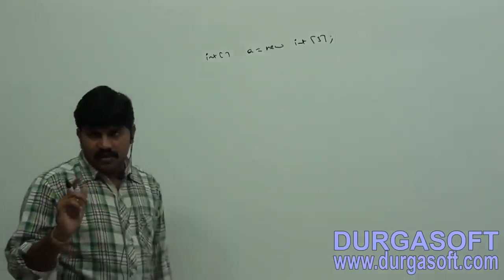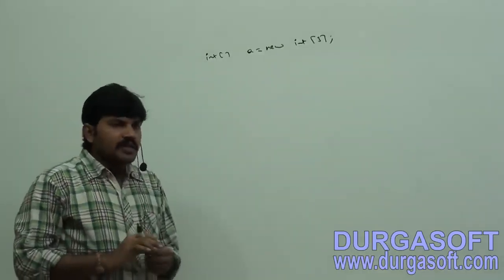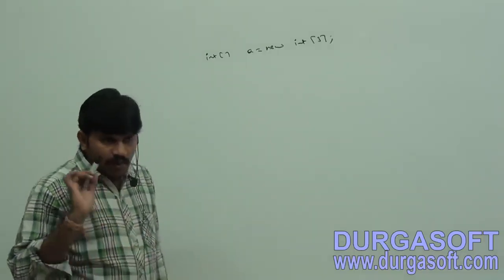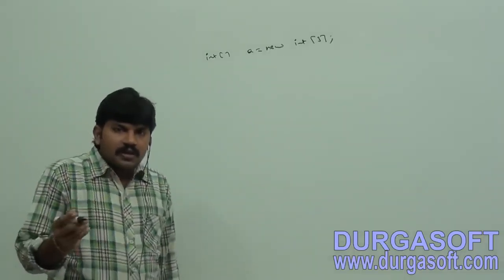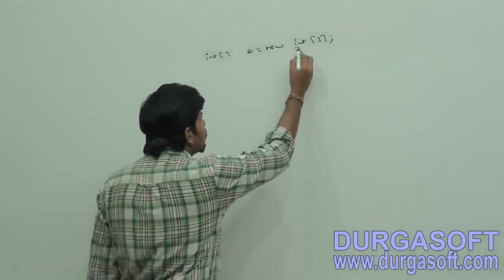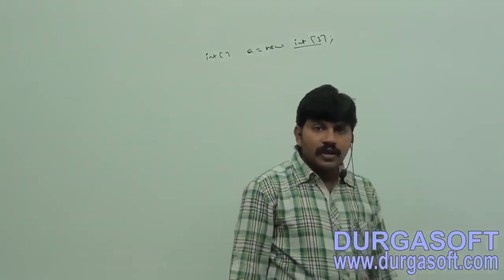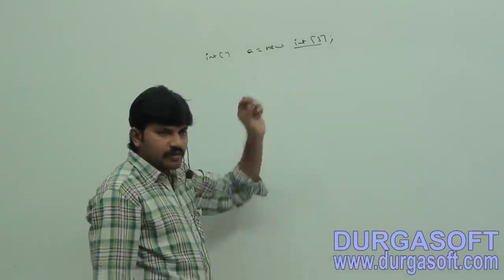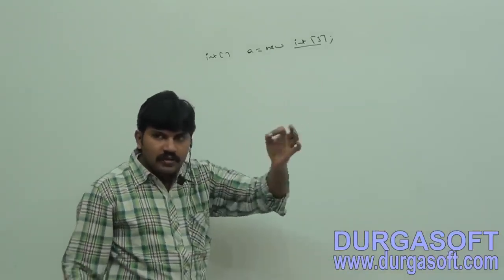Sir, here I have one doubt. Usually, how do we create an object? By using the new operator. But we can create arrays also by using the new operator, right? Can I use the term that an array is also an object? Because if an array is not an object, you cannot create it with new, since the new operator is used to create objects.